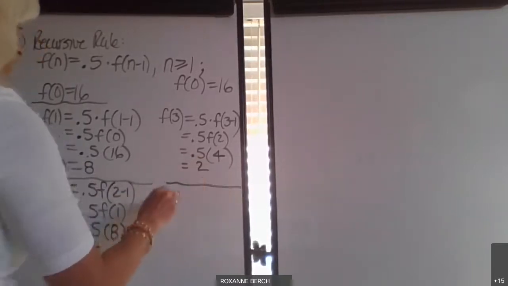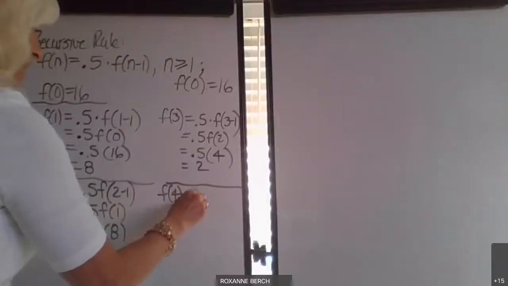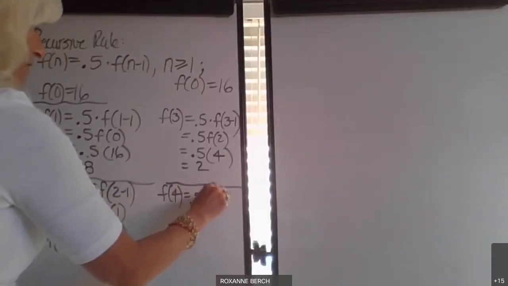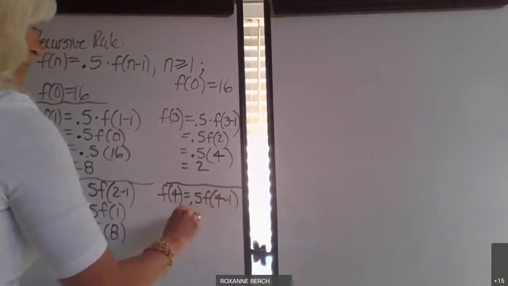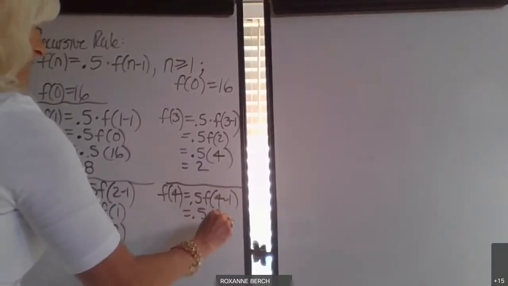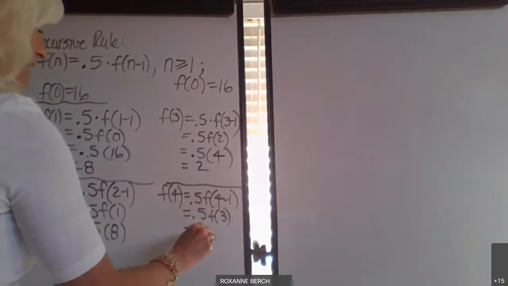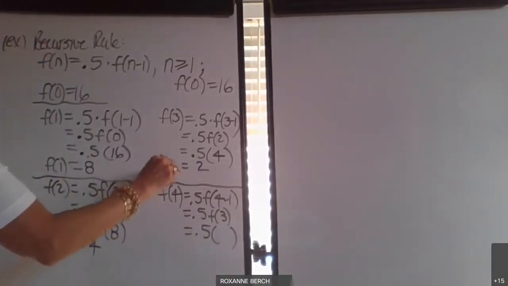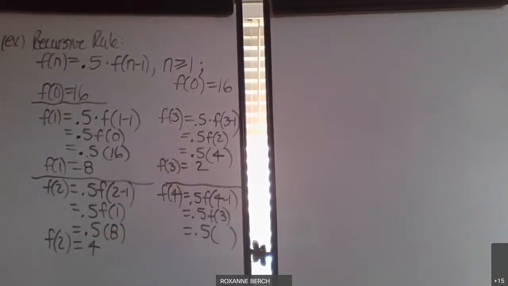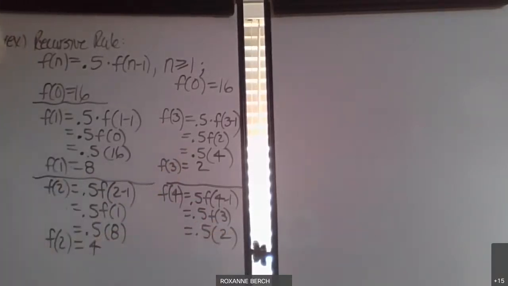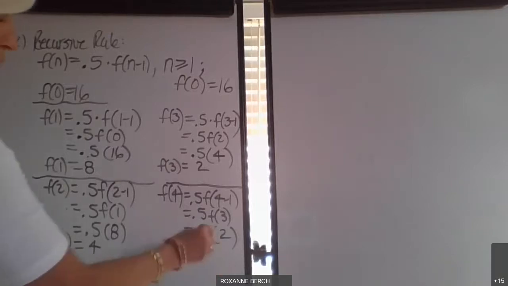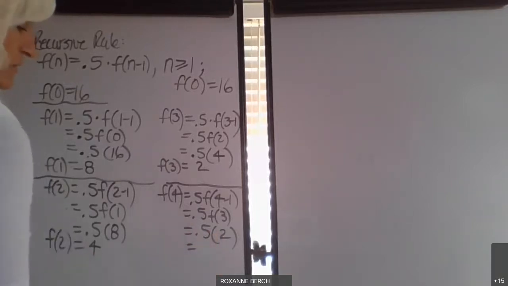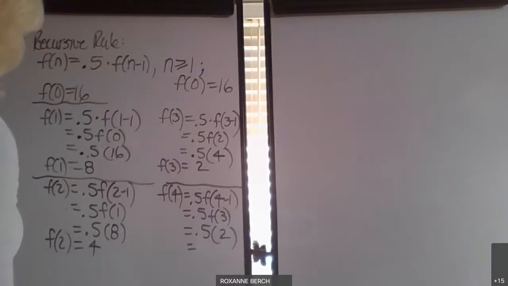Okay, let's do a few more. F of 4 is 0.5 times f of 4 minus 1, which is 0.5 times f of 3. What's f of 3? 2. So what's 0.5 times 2? 1.